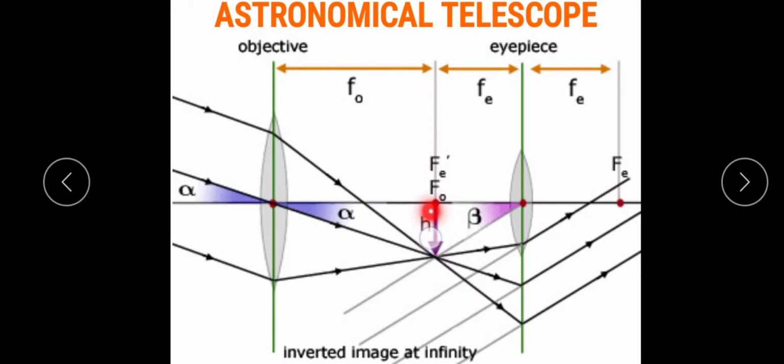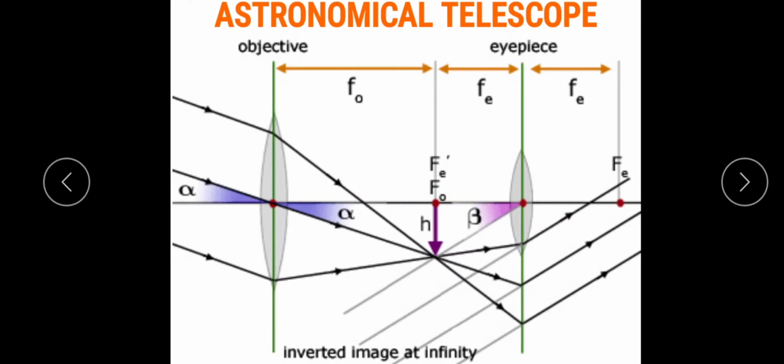Diminished means small. The object is considered as AB, so its image you can take as A'B'. Then the eyepiece is adjusted such that A'B' lies at the principal focus of the eyepiece.